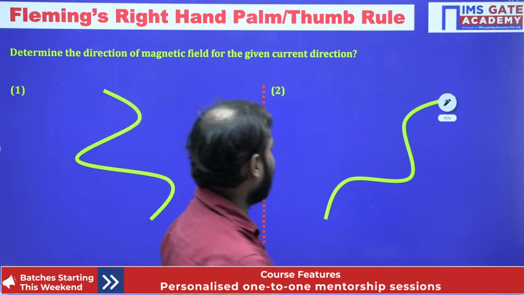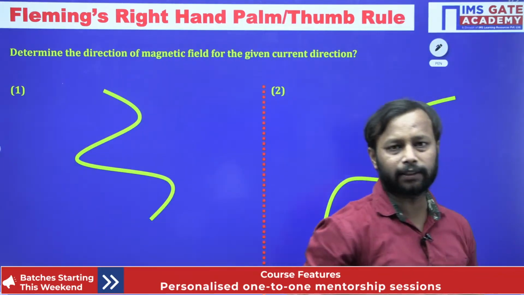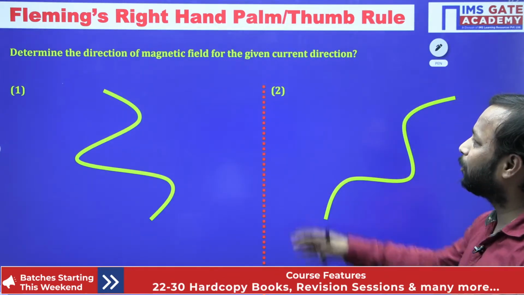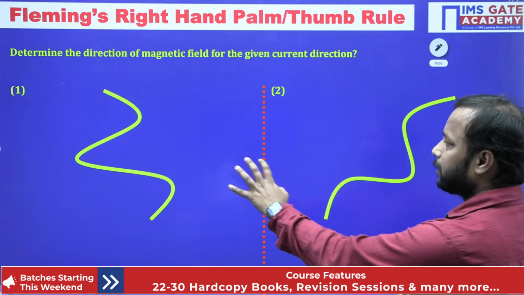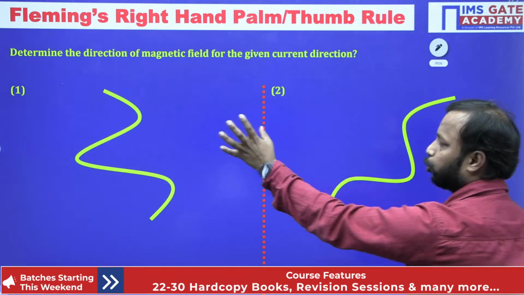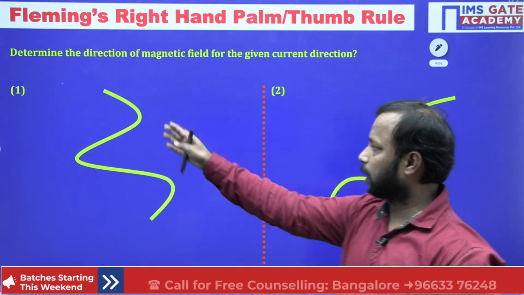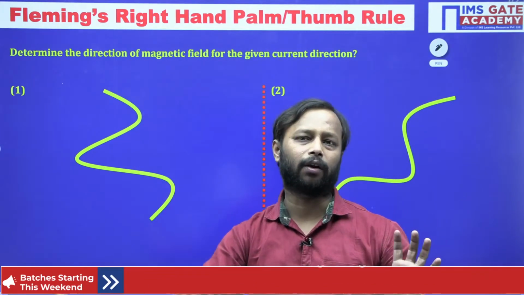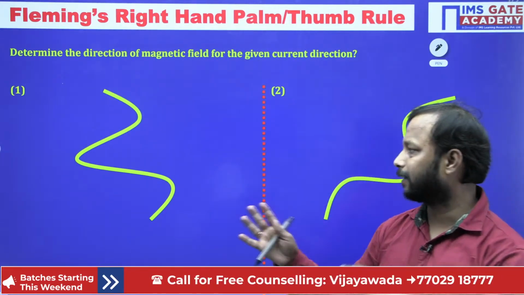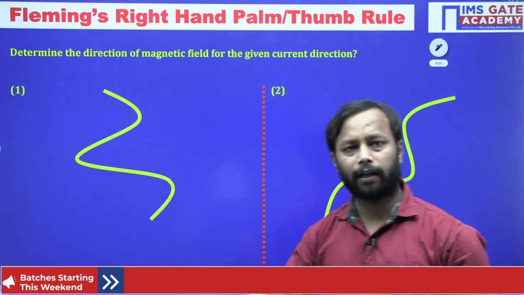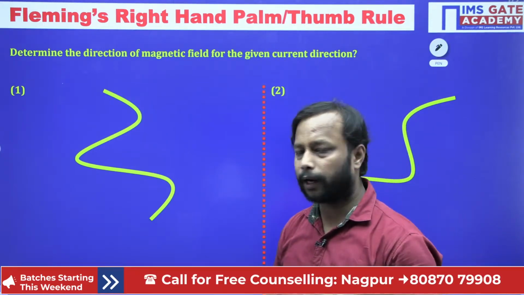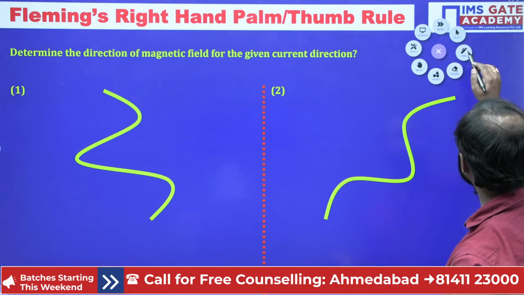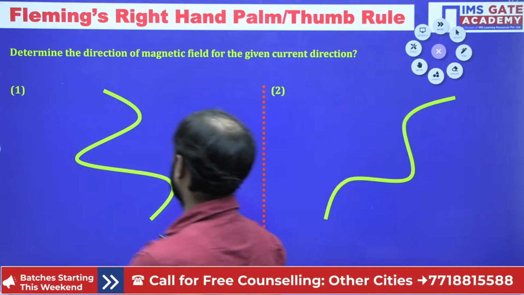So I have taken some examples, and let us practice and master this Fleming right hand rule. This is question 1 and question 2 basically. A conductor can be a bending type or a straight wire. For generalizing purposes, I have taken a conductor in a bending type. Alright, so let us take the direction of current here like this.